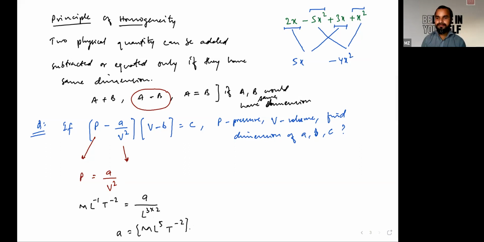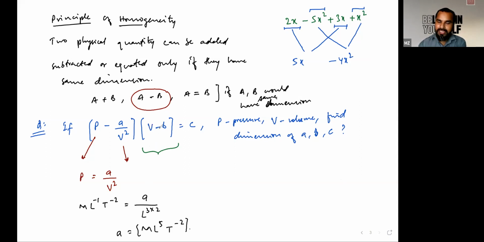Yes, sir. Okay, now for the second part, Samita, tell me the relation between V and b. Iram, what would be the relation between V and b in this expression? For the second bracket, they will have the same dimension. Good.